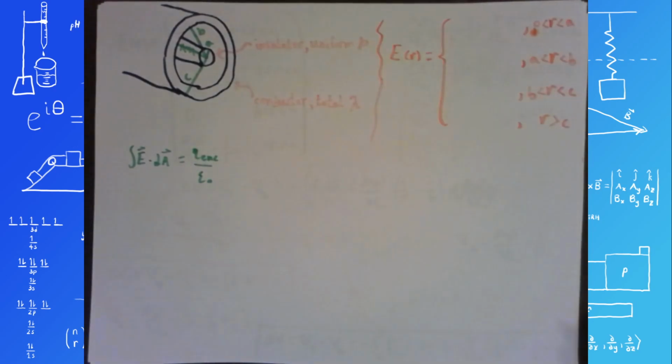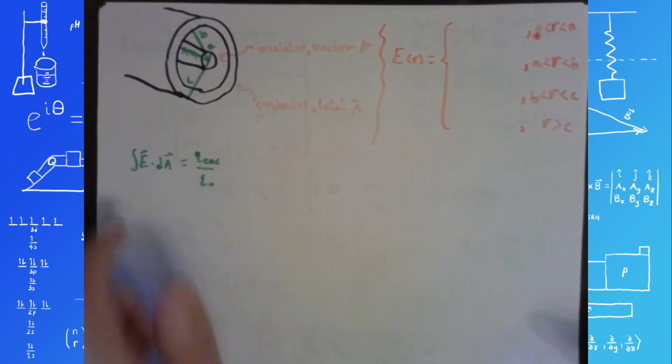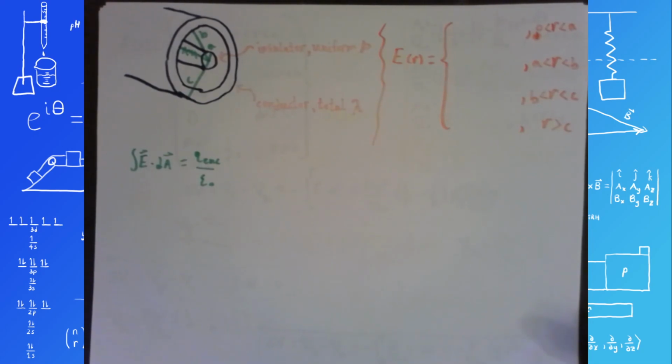And of course, as we've seen before, for a cylinder, first of all, just like with our sphere, this is going to be a perfectly symmetrical situation. The electric field is going to have a fixed magnitude at all points on the surface of our Gaussian cylinder.